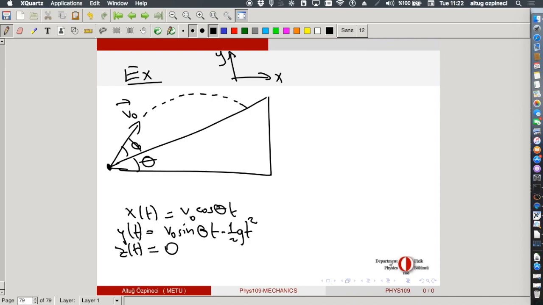Remember how we defined the theta. In the previous case, theta was the angle that the initial velocity makes with the horizontal.